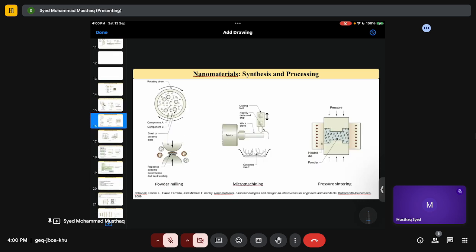And then you do the powder milling. Powder milling is nothing but you just break the particles. Milling can be done in many ways. Milling can be done solely for mixing. For example, if you have A powder and B powder, and if you want to mix, you do the milling.